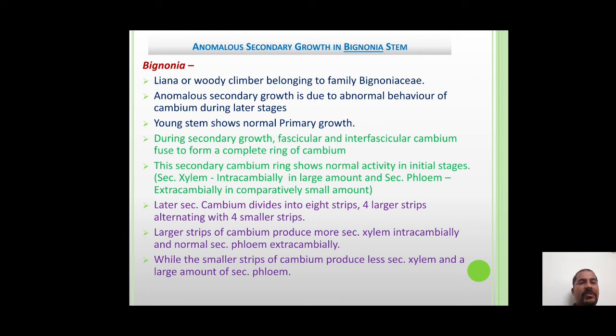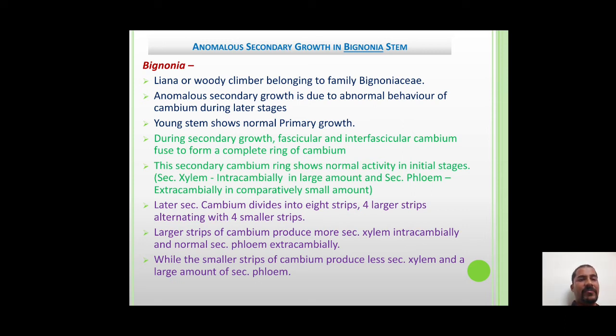Later, that means after the initial stage, the secondary cambium divides into 8 strips. The 4 larger strips alternate with the 4 smaller strips. The larger strips of the cambium produce more secondary xylem intracambially and normal secondary phloem extracambially. So this is the abnormal activity of the cambium.